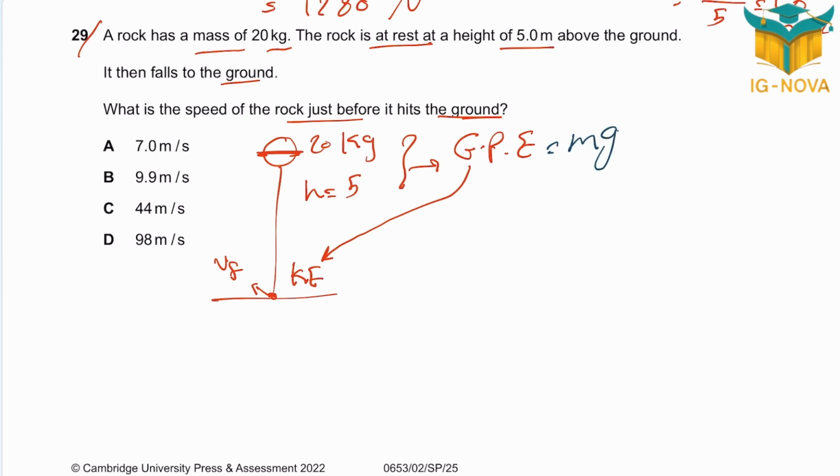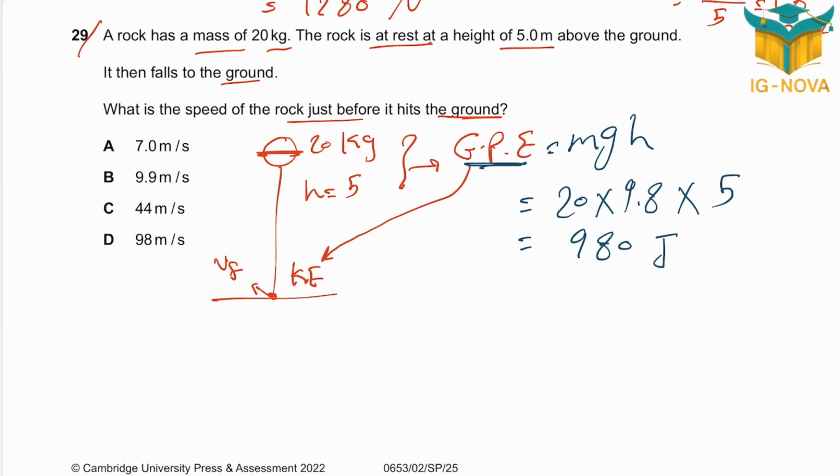GPE is mgh. Mass is 20, g is 9.8, h is 5, so the answer will be 980 joules. That's at maximum height. At the lowest point, all GPE converts into KE, so KE equals 980, and from the rule, KE is a half mv squared.